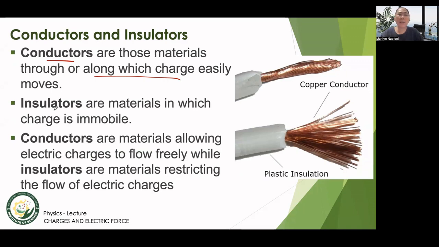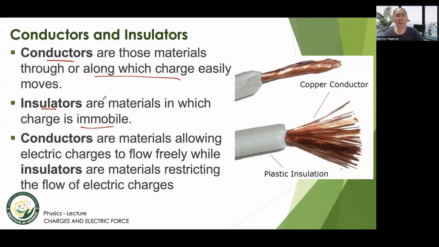Pag insulators naman, insulators are materials in which the charge is immobile. Pag insulators, ibig sabihin, siya yung type ng material that does not allow the passage of electrons. So, hindi basta-basta nakakadaan ang electron sa kanya. So, parang siya, parang pintuan na nakasara. Okay? So, hindi ka makakapunta from one room to another kapag sarado yung pinto.